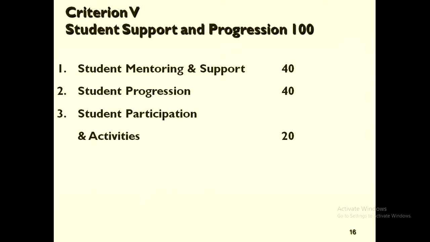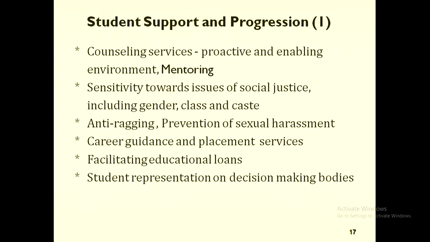Next is the student support and progression. For students' overall progression, what type of support do we provide? Mainly the mentoring systems, they look into how meticulously you are doing this mentoring process. So counseling services, whether the counseling services are being conducted regularly or not, whether we are giving care to each of the students individually.